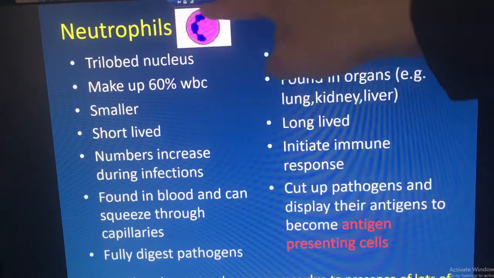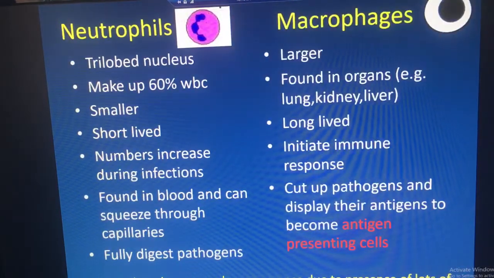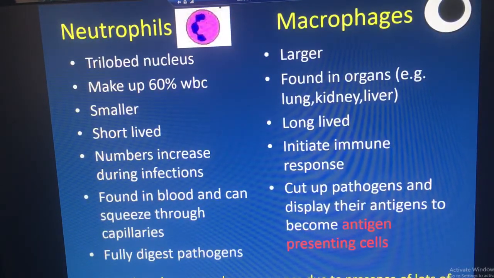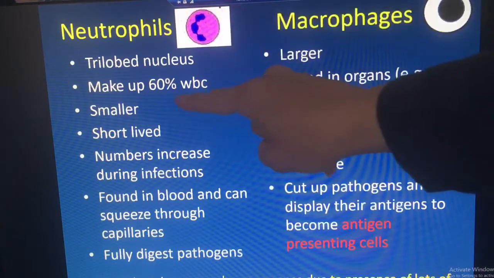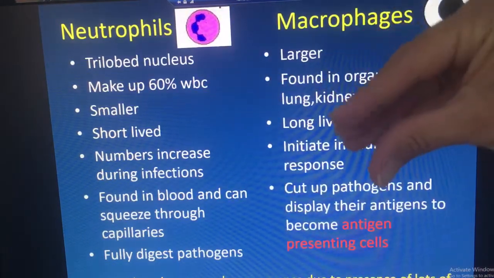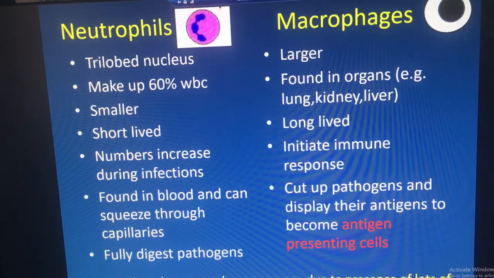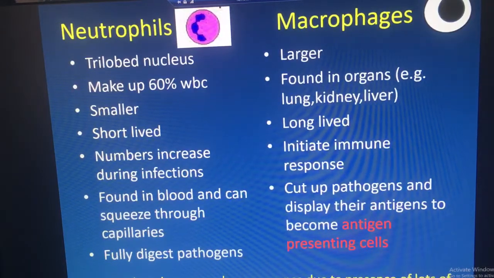And those pores are big enough to allow the neutrophils to squeeze out of the capillaries and into the tissue fluid. And by having this trilobed nucleus and relatively small size, that allows them to squeeze through the gaps. But their function is to fully engulf and fully digest a pathogen, and we'll look at how that happens on the next slide.